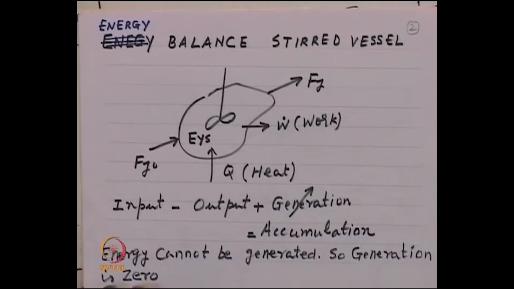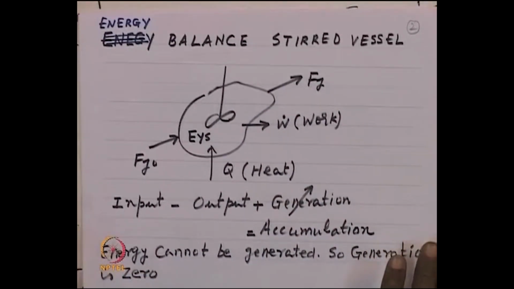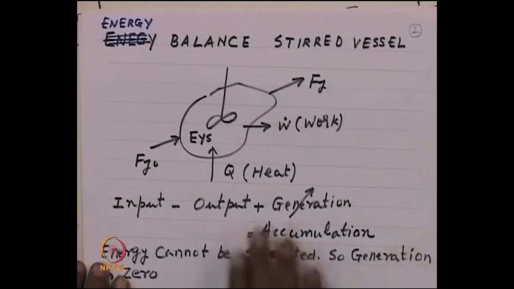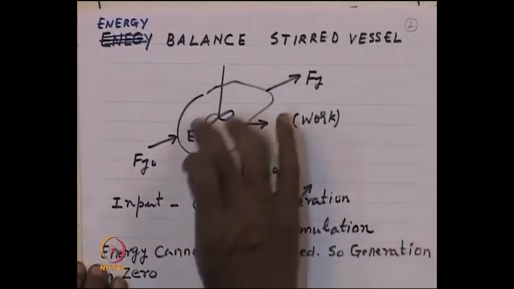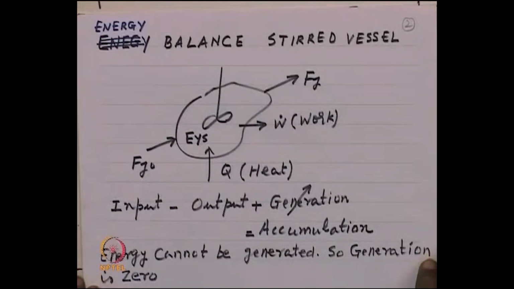So, we have here a stirred equipment. By stirred, we mean that the intensive properties of the system at different positions in the equipment are the same. So, temperature and compositions are uniform everywhere, that is the assumption. Stirring means that every point inside the equipment has the same intensive property like temperature and composition.